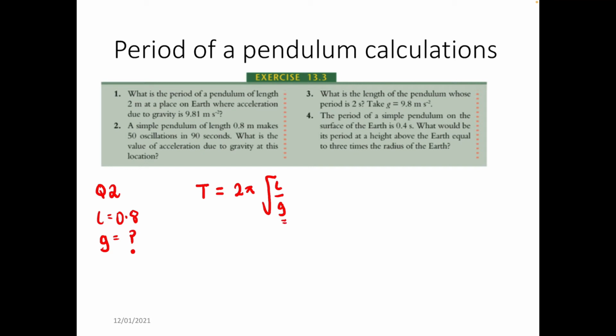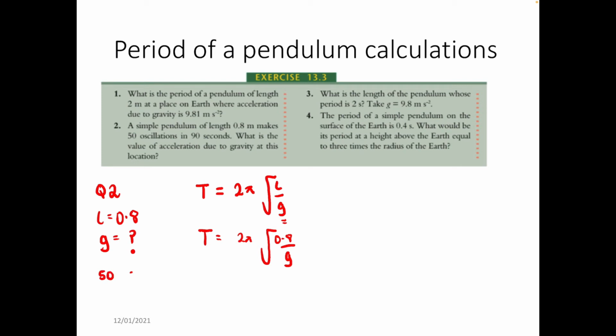We're looking for g, so I need to substitute in what I know. At this point, I only know my value L. That means that T is equal to 2 pi times the square root of 0.8 over g. So I can see here that I need to find my period before I can find my acceleration due to gravity. Remember that the period is just the time taken for one oscillation.